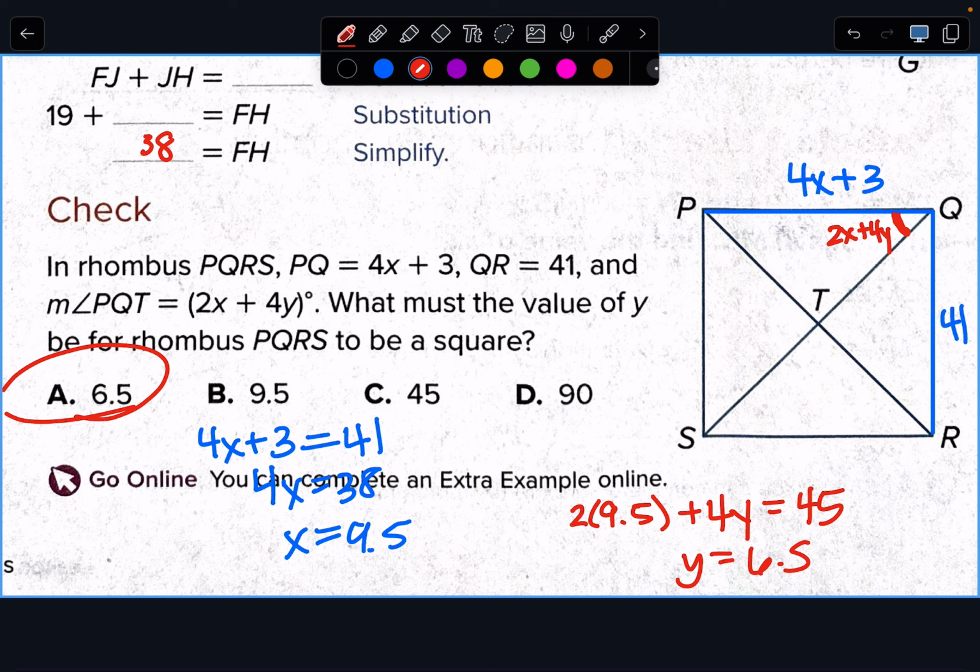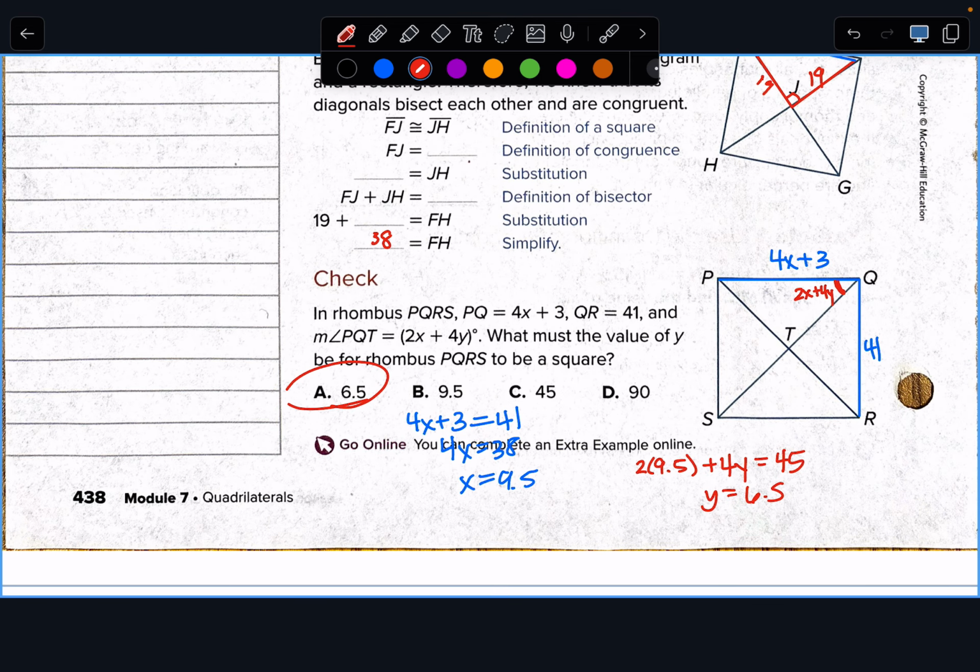What did I do wrong? 45 minus 19. 26. 26 divided by 4. Interesting. Okay. We need to be careful then, is what I'm hearing.